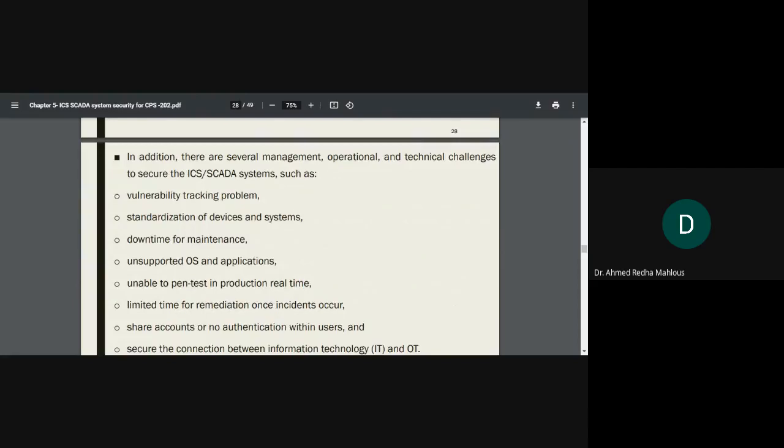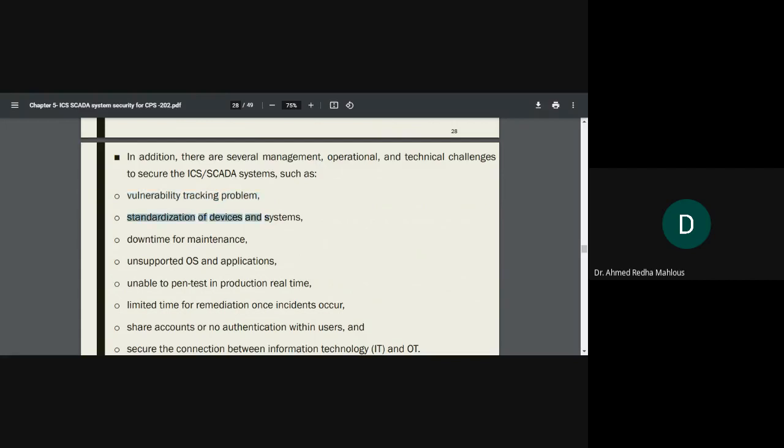Of course, there are other management, civil management, and operational technical challenges that are related. We list for them the vulnerability tracking problem. It is not easy to track the vulnerabilities of the devices used in the ICS SCADA system, with different machines, different hardware, and different operating systems and applications running in ICS SCADA.